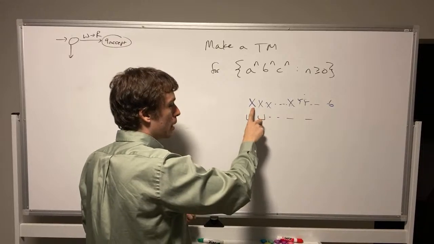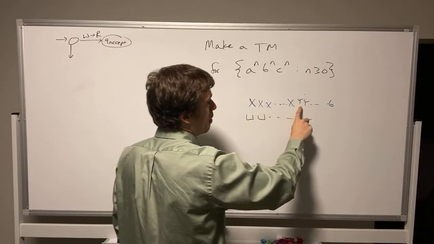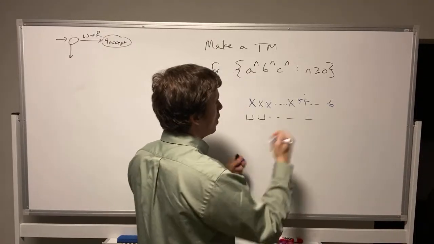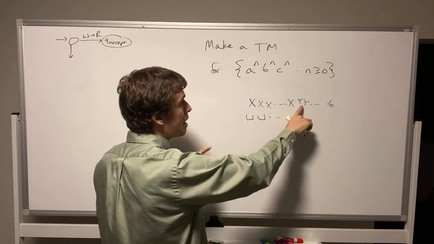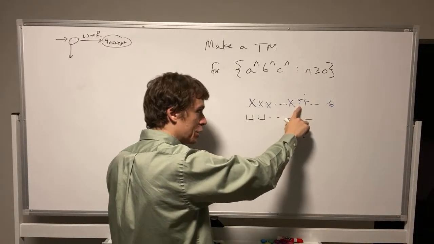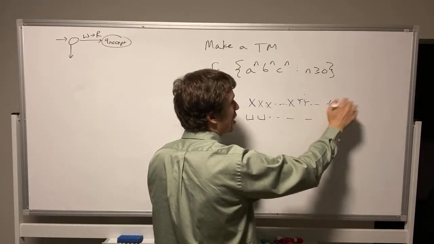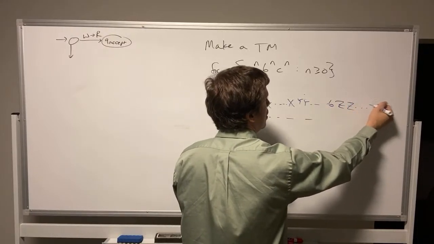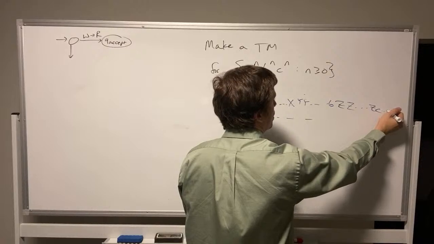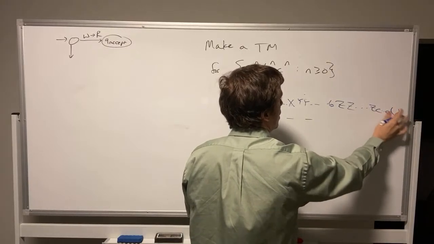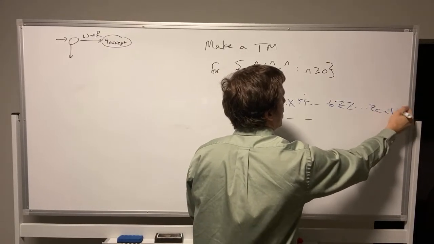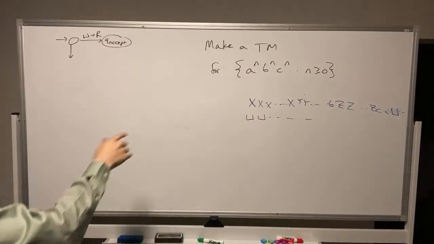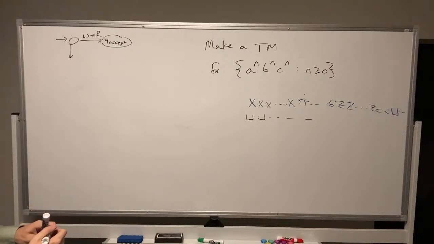Then what I'm going to do is mark one A, then mark one B, and then mark one C. And I'm going to have X replace the A, Y is just a character that replaces B, and Z is going to be a character that replaces C. So I'm going to have a bunch of Z's followed by some C's, and then blank after.